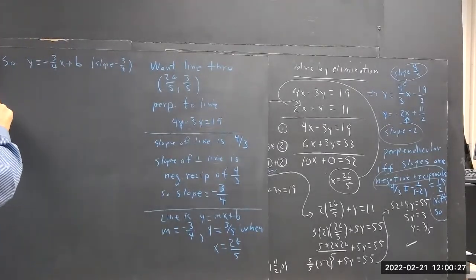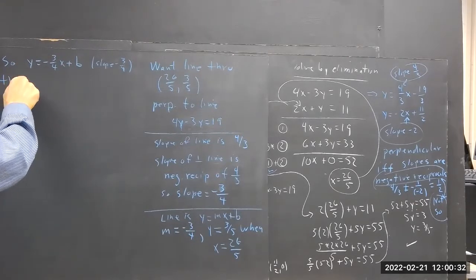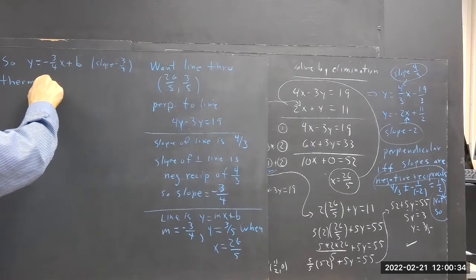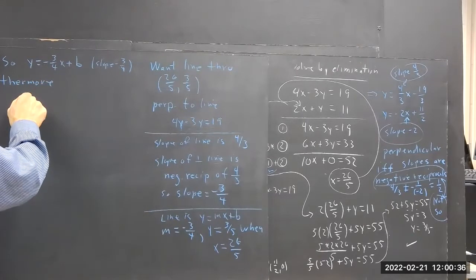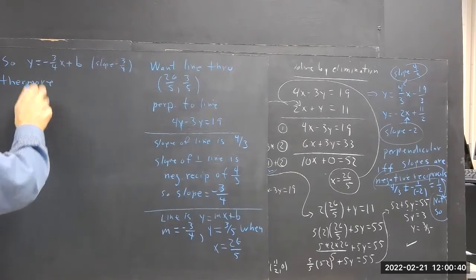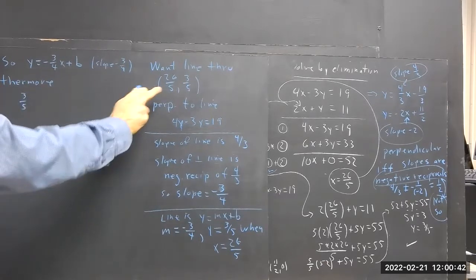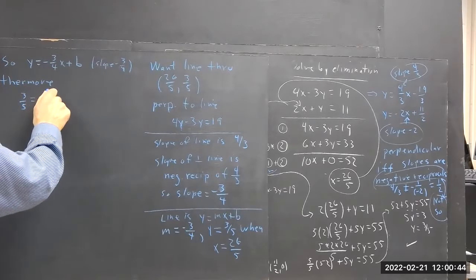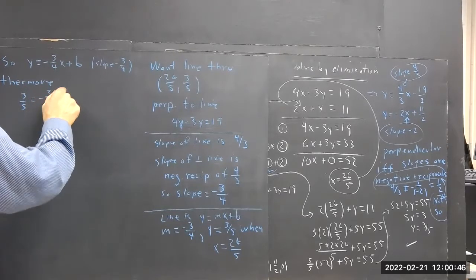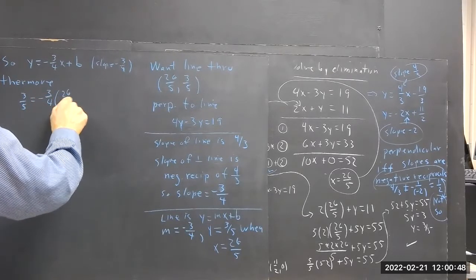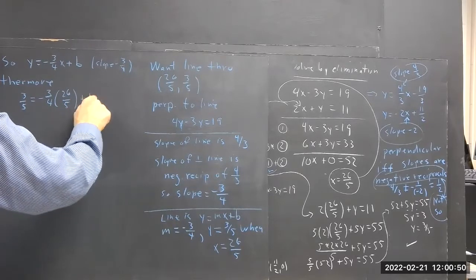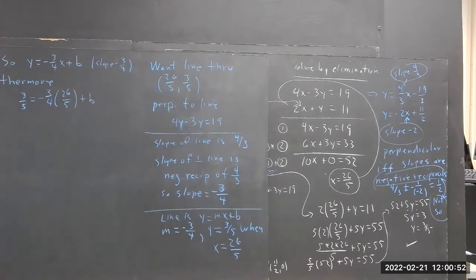And furthermore, y equals 3/5 when x equals 26/5. So we have 3/5 is -3/4 times 26/5 plus b.